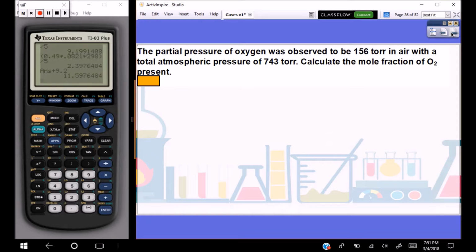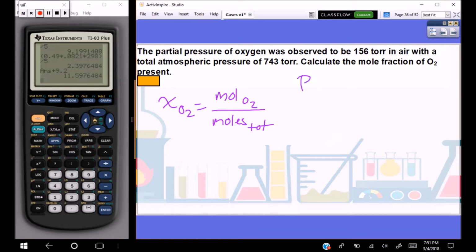All right, this one is a little easier. Partial pressure of oxygen was observed to be 156 torr in air with a total atmospheric pressure of 743 torr. Calculate the mole fraction. All right, mole fraction of O2. Again, moles of O2 over moles total. Well, if you think about it, if we're multiplying that times the pressure total to get our pressure for oxygen, right?